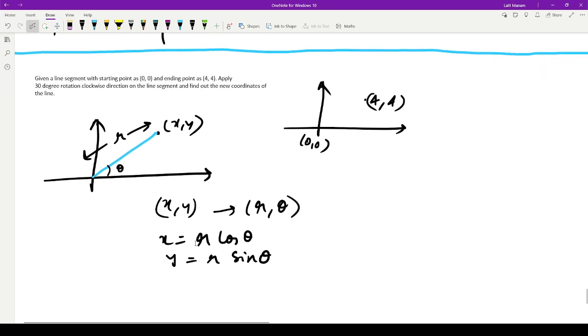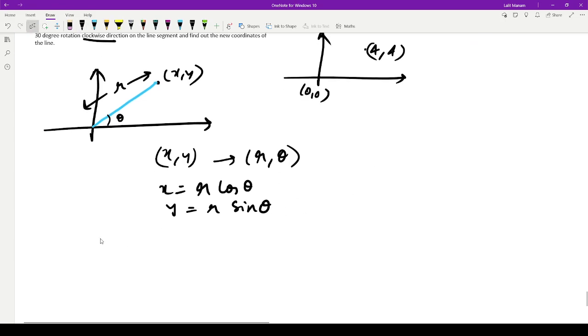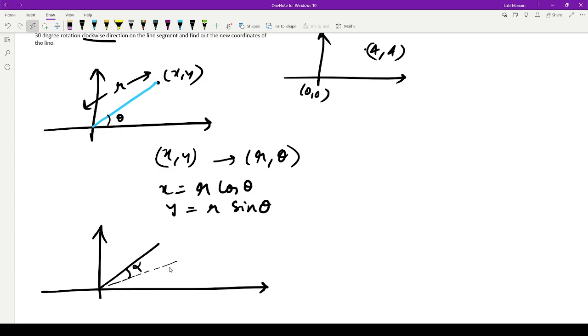So what is to be done next? Given that we want to move in a clockwise direction, maybe I am moving it by an angle alpha in the clockwise direction. This is theta, x, y.